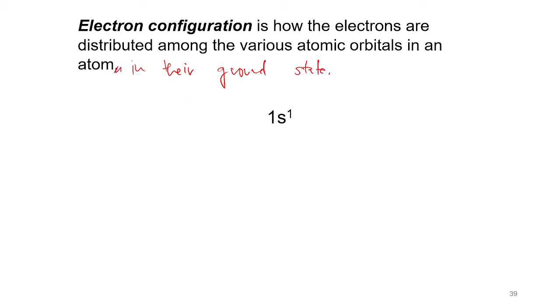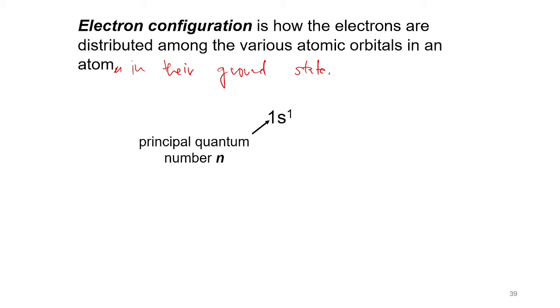So for example, we have here 1s1. 1s1 meaning to say we have here one electron in the first orbital, in the first energy level. So we have here the principal quantum number, which is 1.